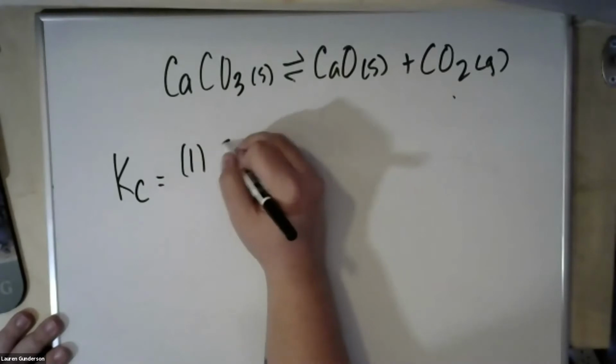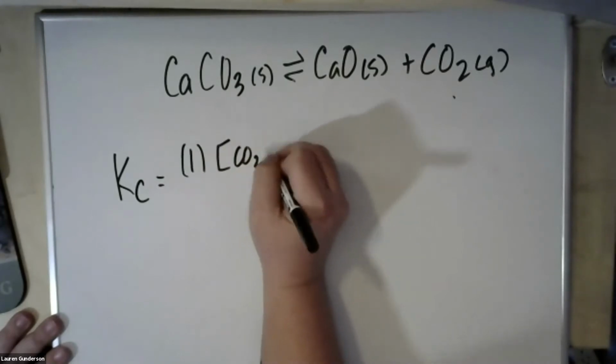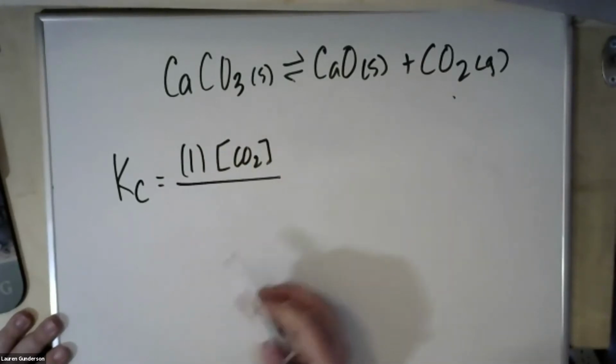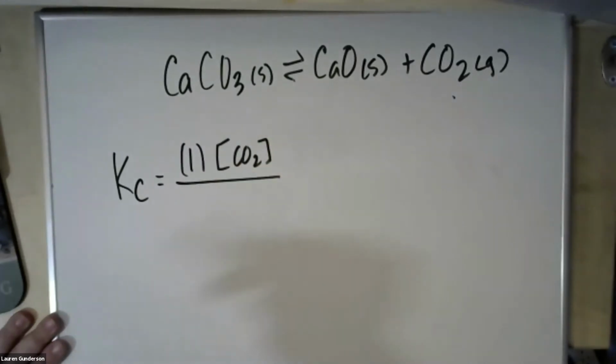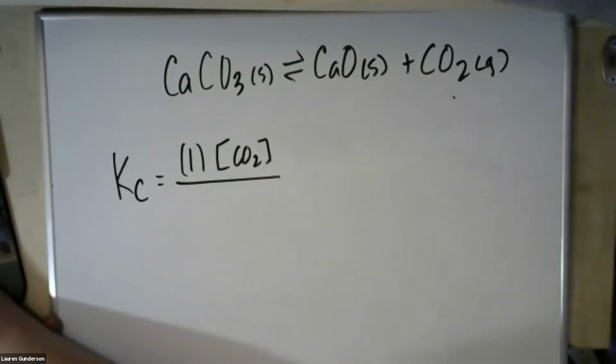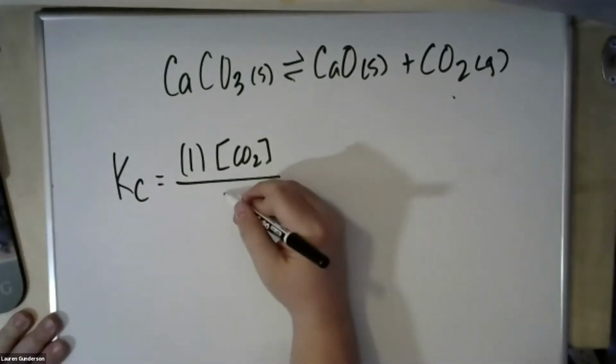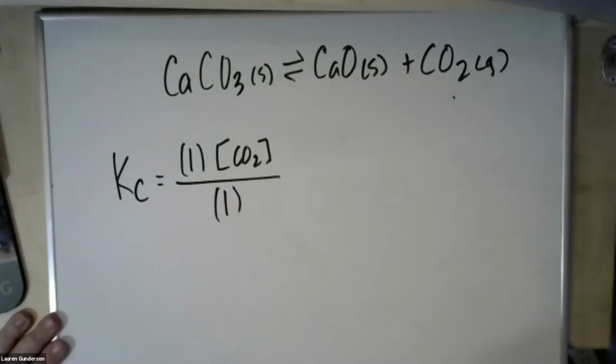Okay, and you would raise it to any coefficients that were present. None in this case. And then you're going to divide it by the reactants, which in this case is CaCO3, a solid. So again, I like to put a placeholder of 1 there. I don't like to say that you would just drop it out completely because sometimes people get confused with what that means.